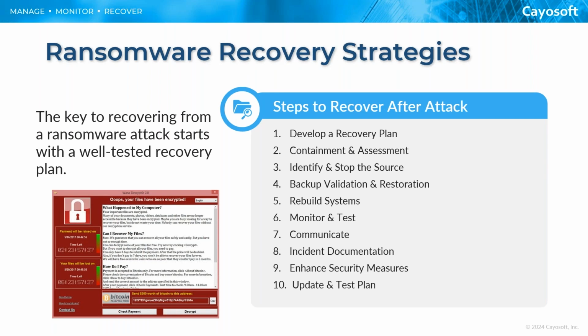Let's understand this. The key to recovering from a ransomware attack starts with a well-tested recovery plan. I'm going to say that one more time, just because it's that important. The key to recovering from a ransomware attack starts with a well-tested recovery plan. So what does it require to develop a recovery plan?